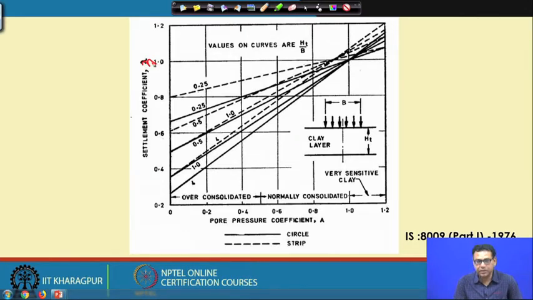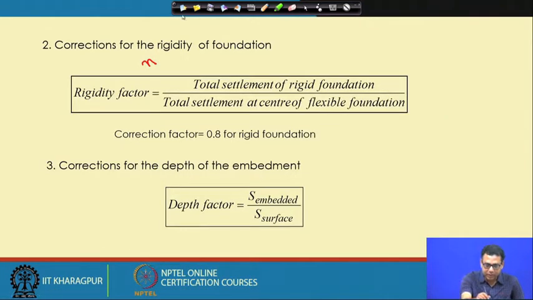These things have already been discussed. This is as per the IS code, and that is the correction factor for the pore water pressure.